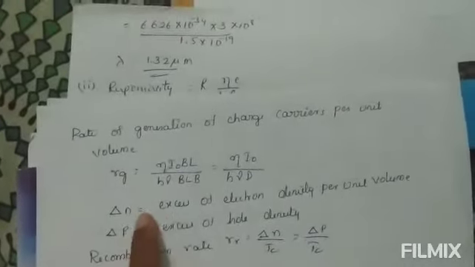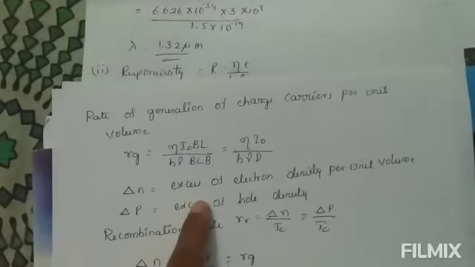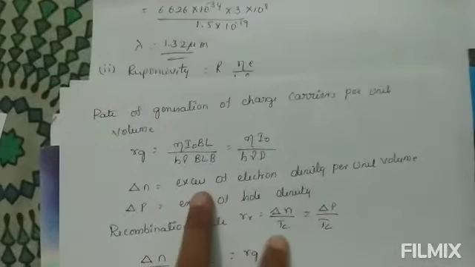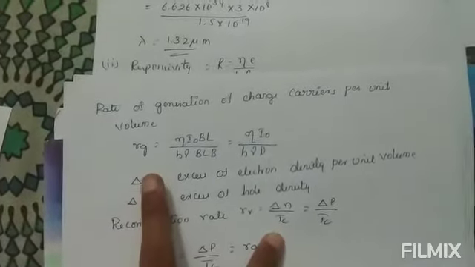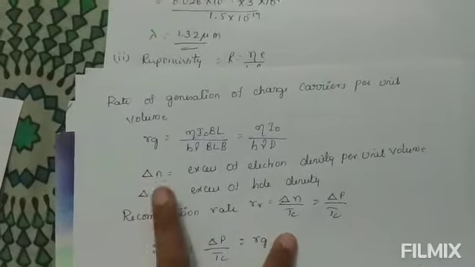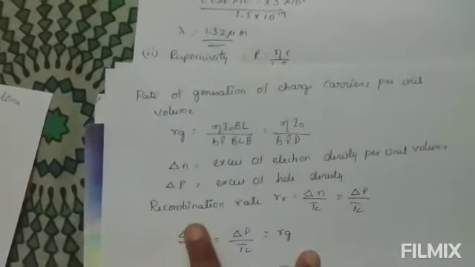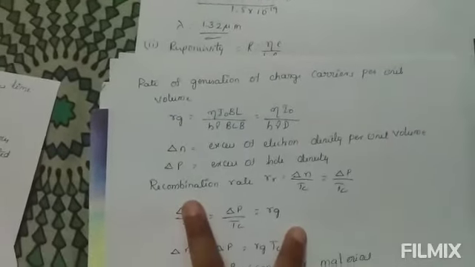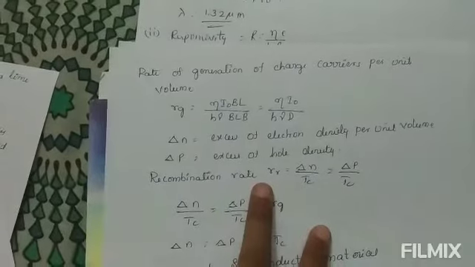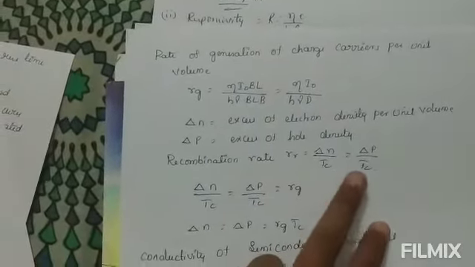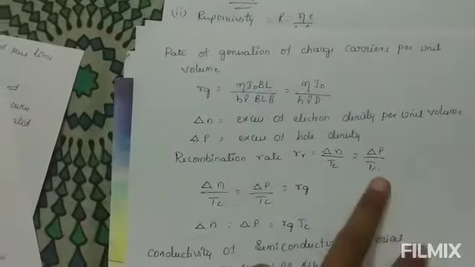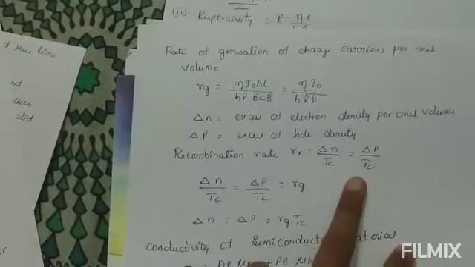Here ΔN will be the excess electron density per unit volume and ΔP will be the excess hole density. Here N will be the electron density and P will be the hole density. The recombination rate will be given by ΔP divided by the recombination time τc.